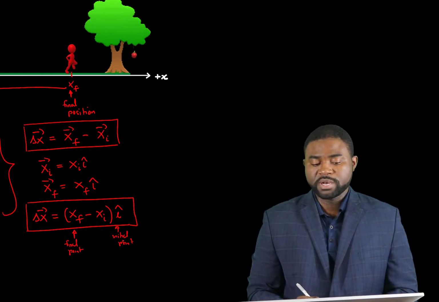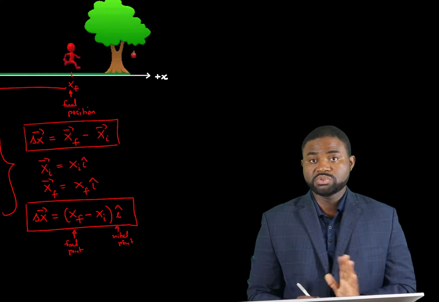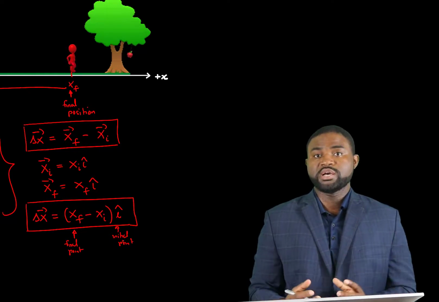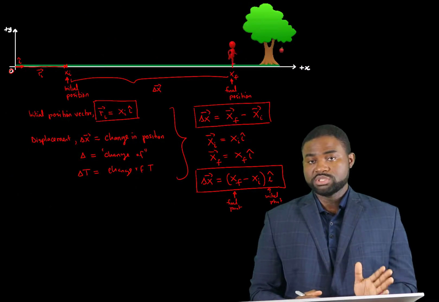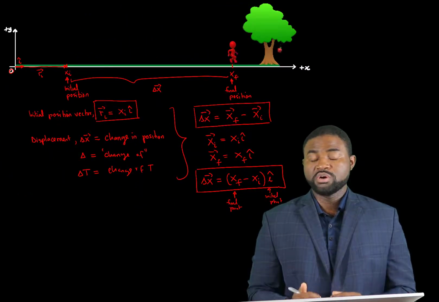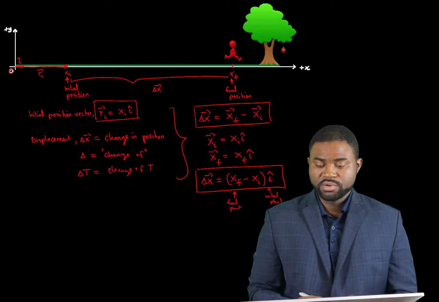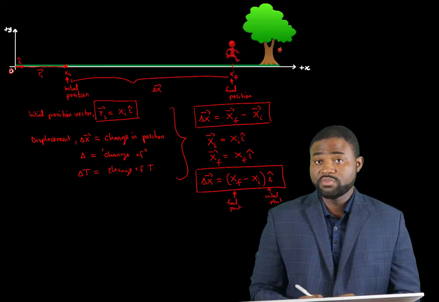That means that the path he takes from the initial to the final point really doesn't matter. So the displacement of an object is a state quantity because it depends only on the initial and the final point.